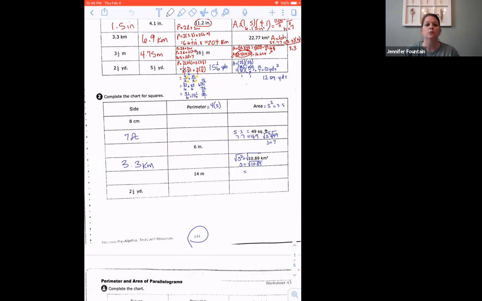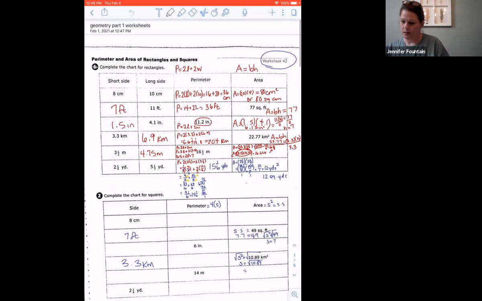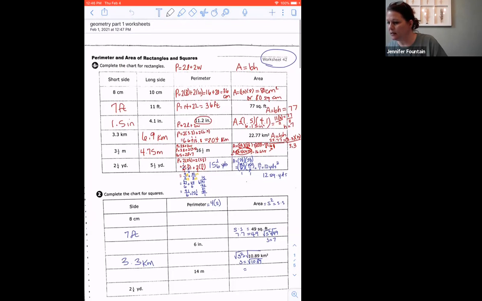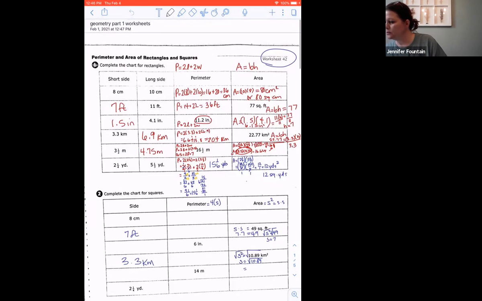We'll talk more about those today, because we are going to work with square roots and have some square root answers. We'll do a little refresher in just a minute after we've checked our homework. So again, this is worksheet 42.